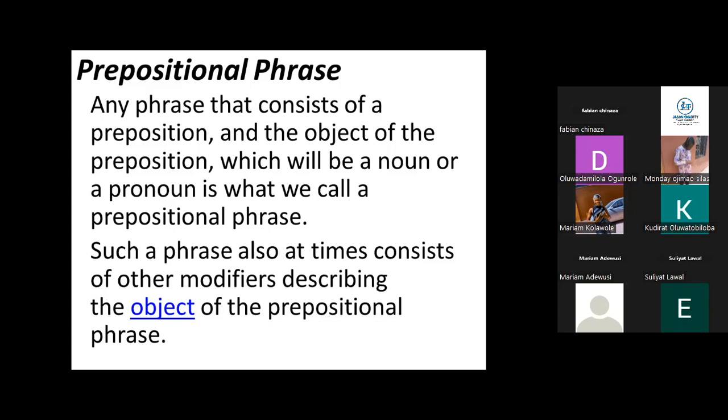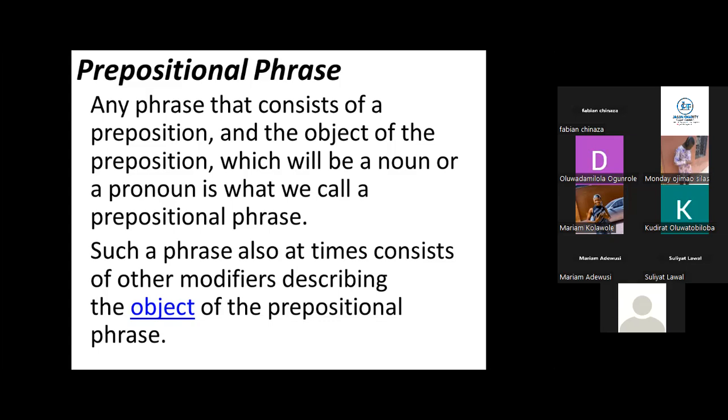Now, a cottage there is a noun phrase, acting as the object to a preposition. So by the time you now identify the preposition and the noun phrase in its totality, you have a prepositional phrase. So such a phrase also at times consists of other modifiers describing the object of the prepositional phrase.